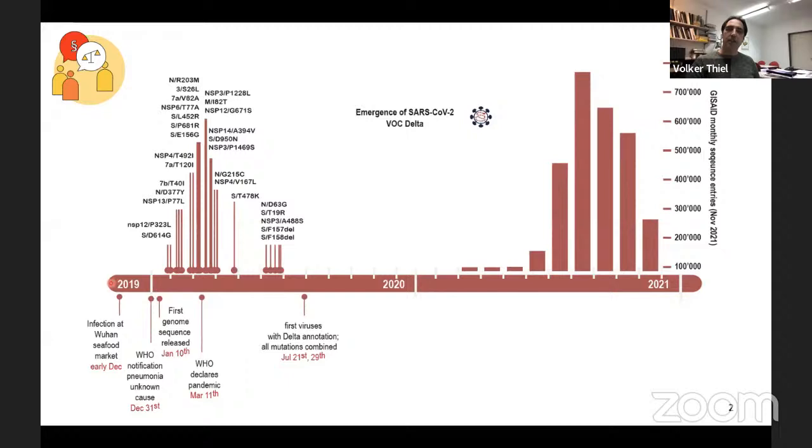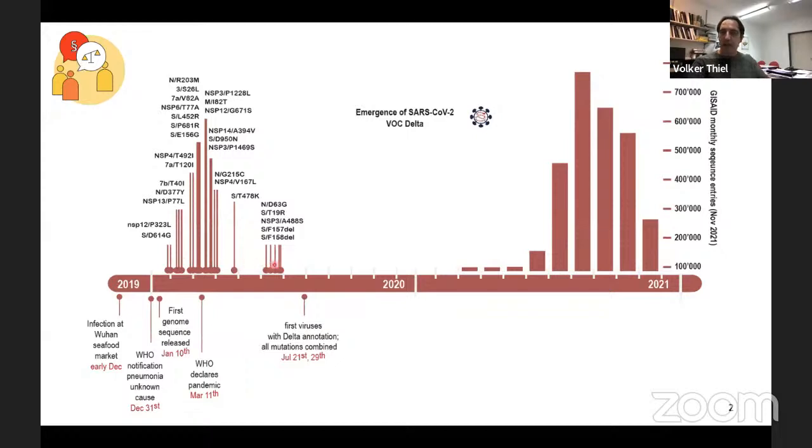You see here the timeline from the beginning of the outbreak at the Wuhan seafood market at the end of 2019, and then until the WHO declared the pandemic, which was in March. And what you see here is essentially every mutation that we know is specific for the variant of concern Delta, with the date of appearance in the database.